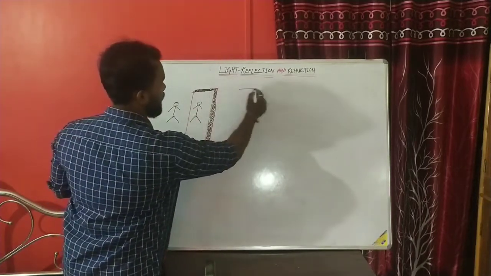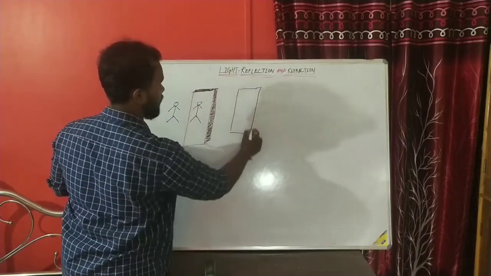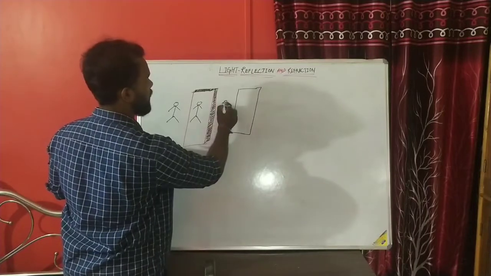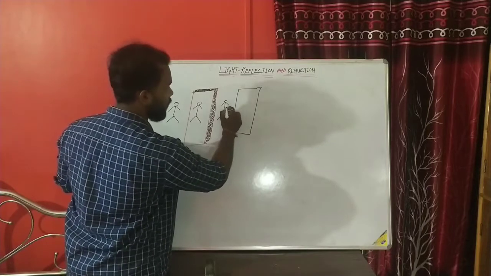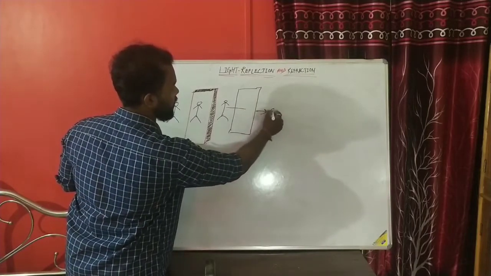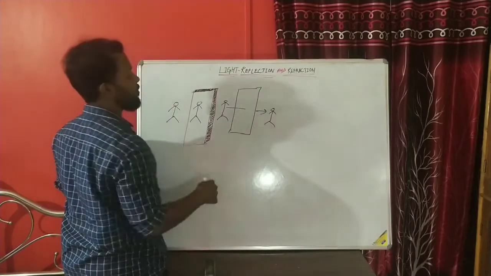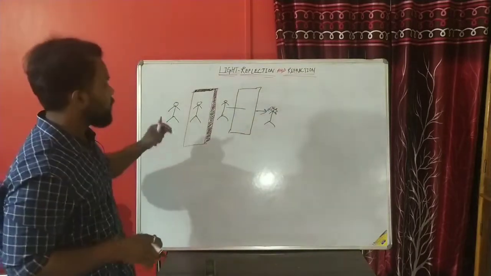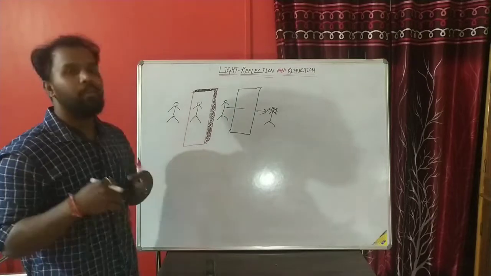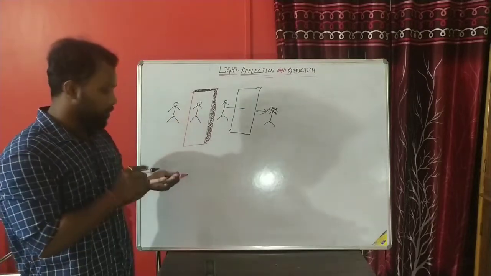But in case of a glass, if you are standing in front of that glass, what will happen? You are going to observe only the things that are behind that glass. That is some other boy or girl. So this is the reason why you can see yourself in a plane mirror.